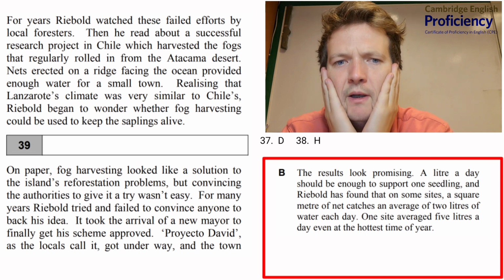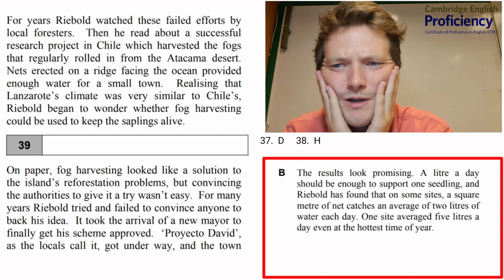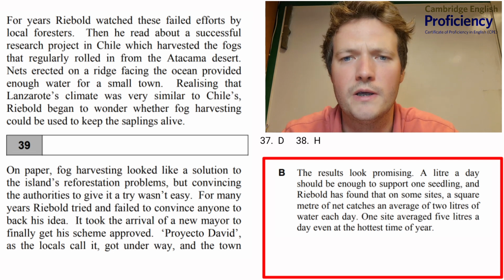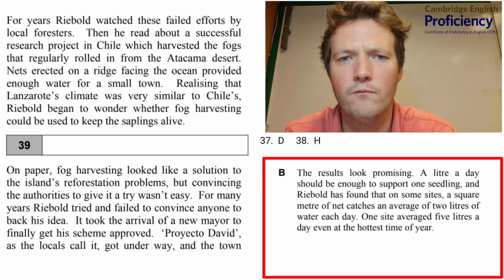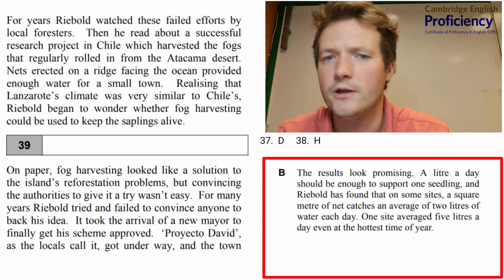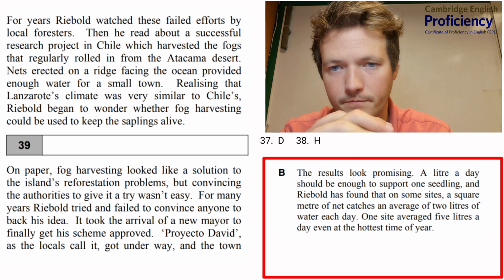The results look pleasing. I don't think that's really coherent, B, because we're still in the process of talking about how Ribald realized that Lanzarote's climate was very similar to Chile's and that they could use fog harvesting to keep saplings alive.